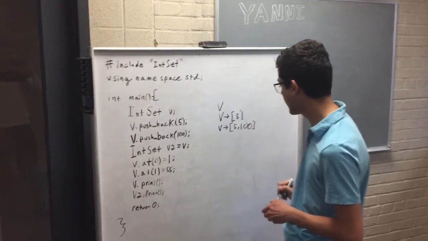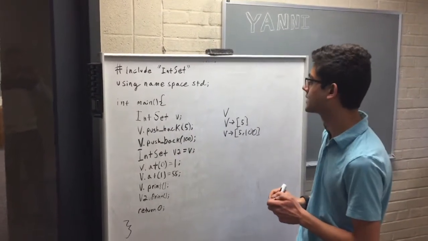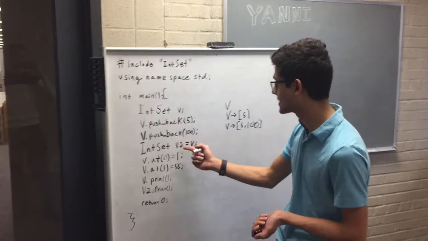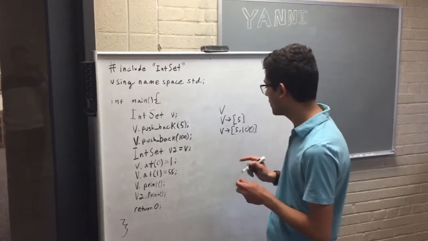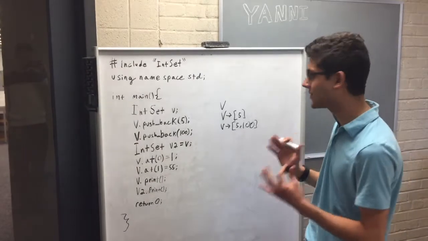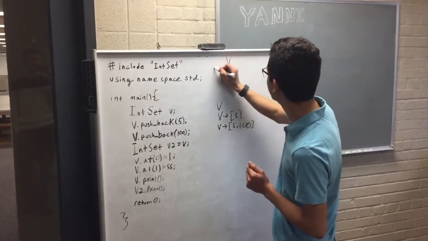And on this line, we create a new IntSet v2, and we set it equal to v. So this is the line where things fall apart.